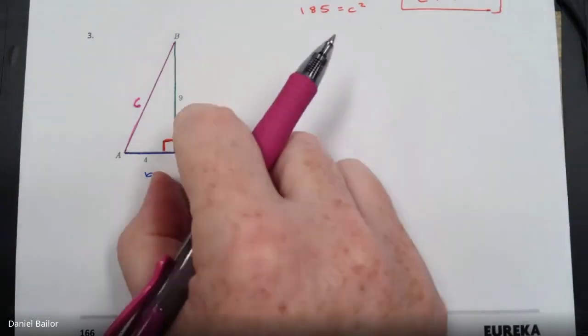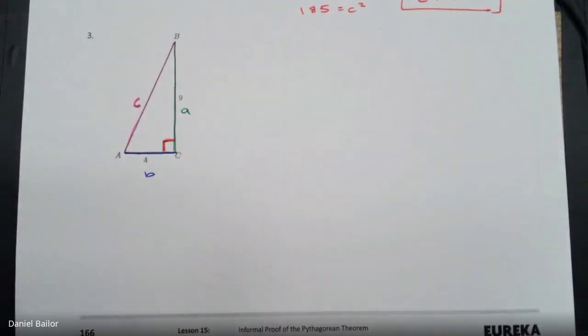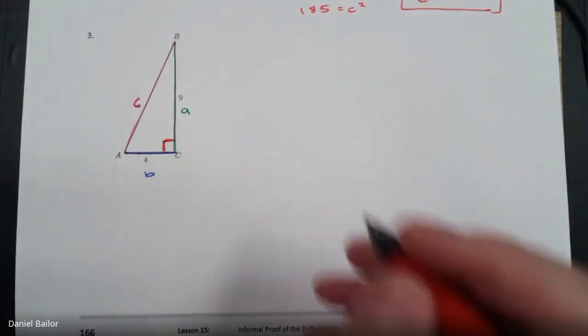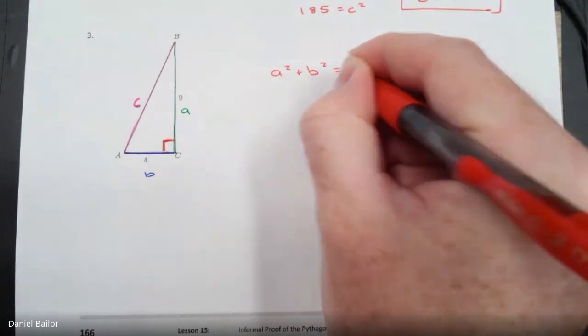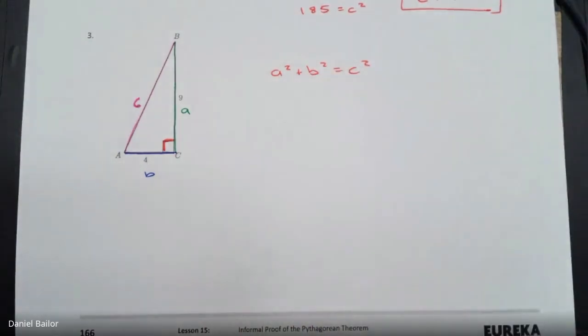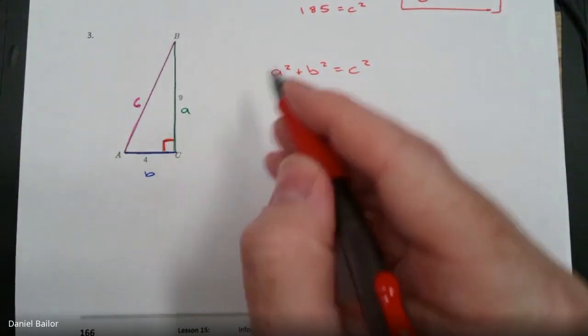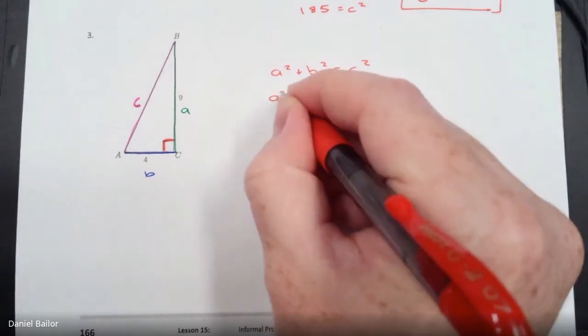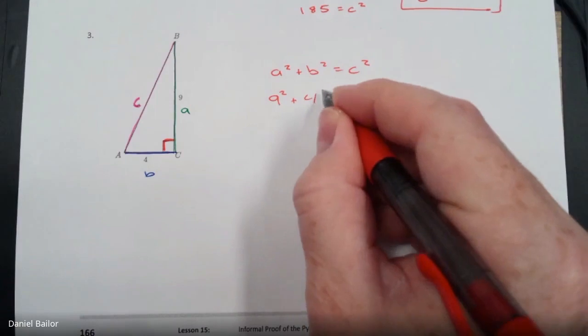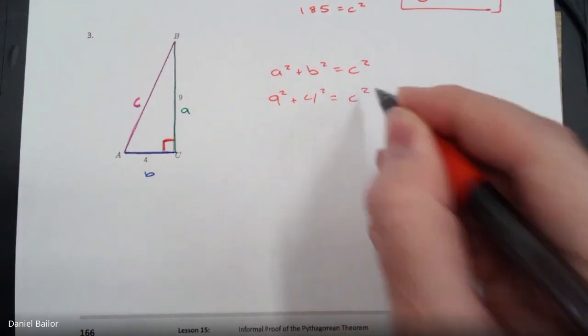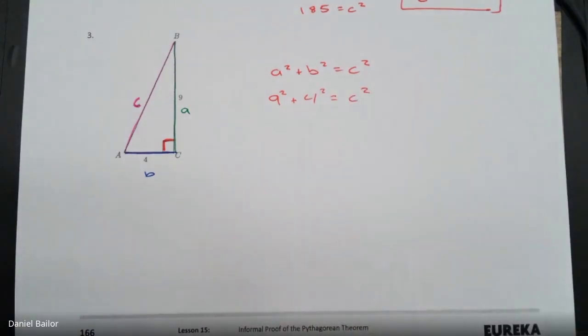So I have my legs labeled and my hypotenuse labeled. And it is a right triangle, so I can use the Pythagorean theorem. So I write my Pythagorean theorem, and now I'm going to use it. A was 9, so I have 9 squared. B is 4, so I have plus 4 squared. And C, we still don't know. C is what we're looking for.